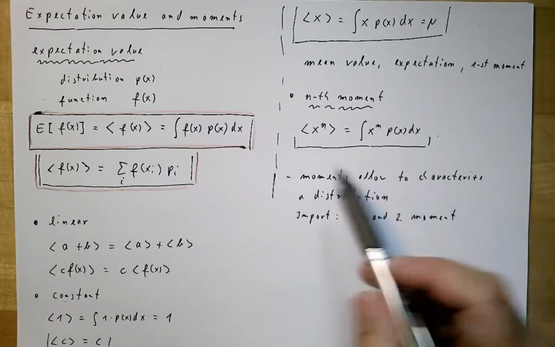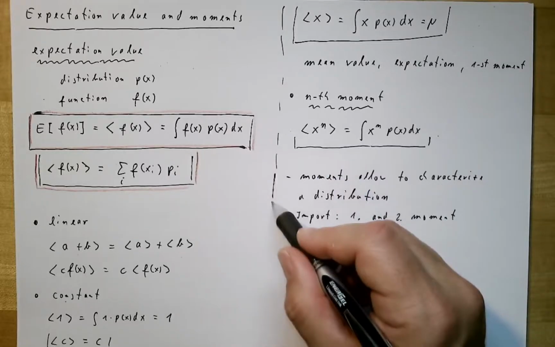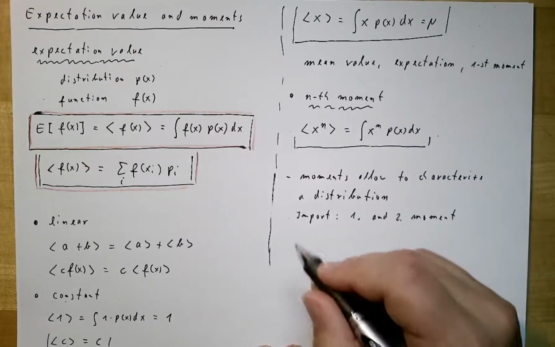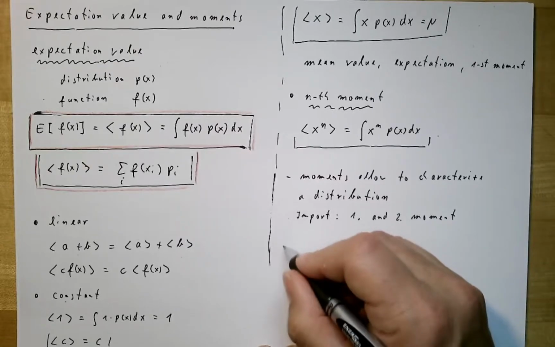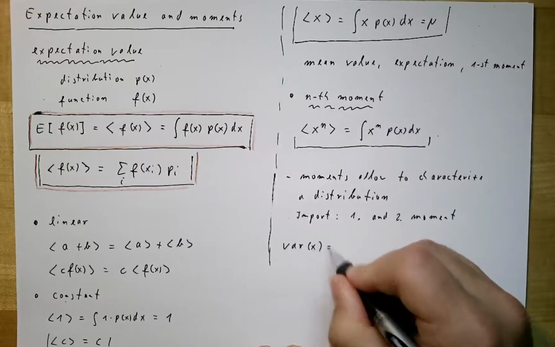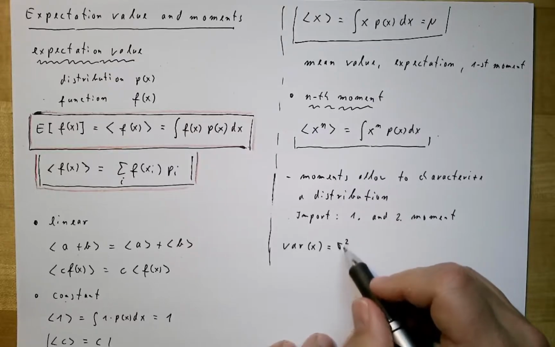Now, the second moment itself is not so interesting per se, but what we can do, we can define the variance of our distribution, which we sometimes denote sigma squared.